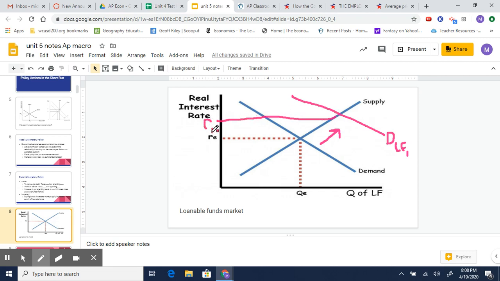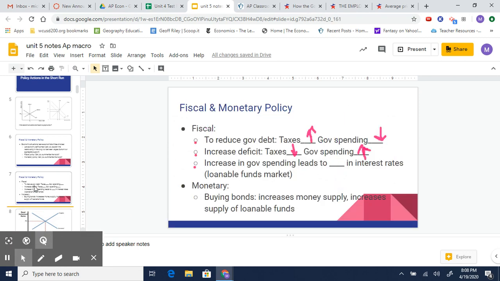Look what's happened to your interest rates. Sure, there's more loans being taken out, but now the interest rate is higher. So that goes back to this point here. When the government increases their spending, when they're spending more money, that means they need to borrow more money. And so because of that, this leads to an increase in interest rates.